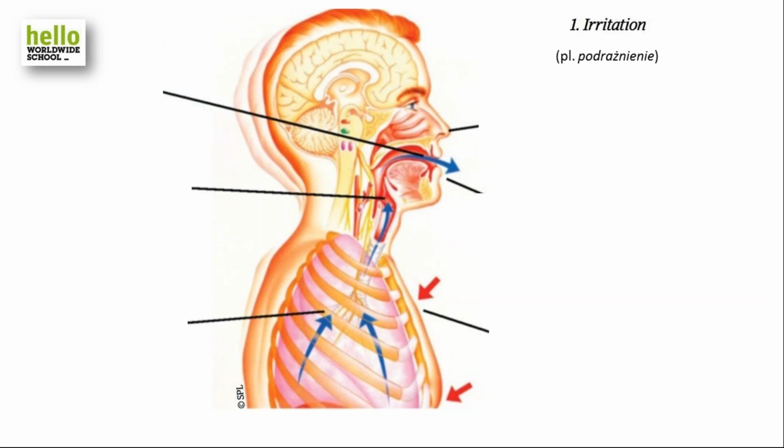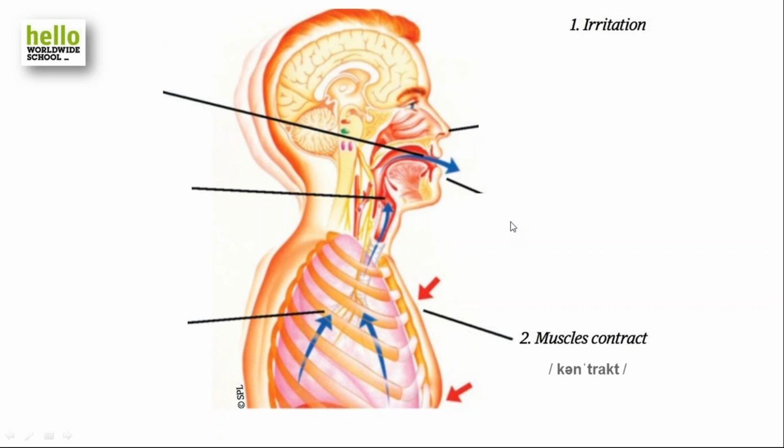And when an irritant enters the body, nerve endings in the lining of the nose send some signals to the brain. Okay, so we've got irritation, and this is what the diaphragm is. That's the very important muscle that we have in our tummies. So an irritant enters the body, nerve endings in the lining of the nose send signals to the brain. Okay, and there's some irritation, and the diaphragm is relaxed.